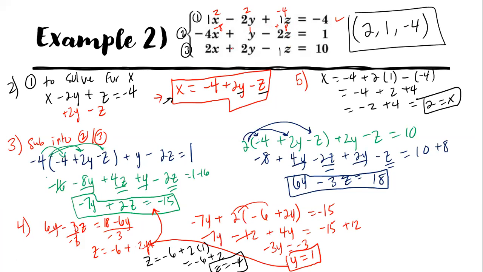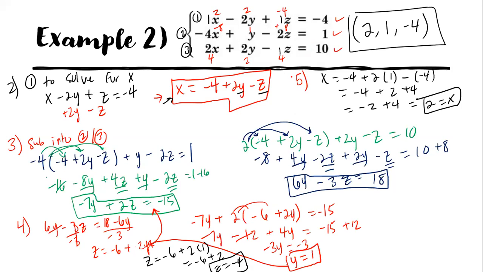And -8 and +8 are going to cancel each other out, and I'm left with 1. Then I have 4 and 2 and +4, and 4 plus 2 is 6, 6 plus 4 is 10. So that solidifies that my answer is correct.